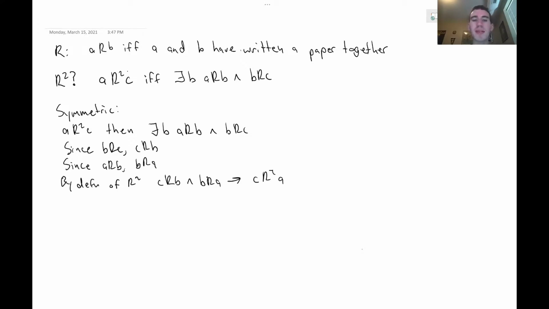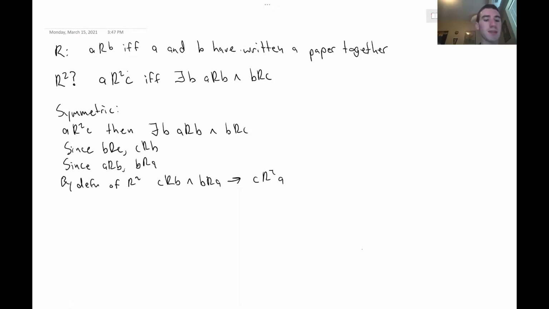An example I can give is, let's say we've got 3 math professors at U of M. Professor A has written a paper with Professor B. Professor B has written a paper with Professor C. From those two things, we can put them together and say that A relates to C using R squared, and C relates to A using R squared. But A and C are not the same person. And so that's going to mean that this is not an anti-symmetric relation.